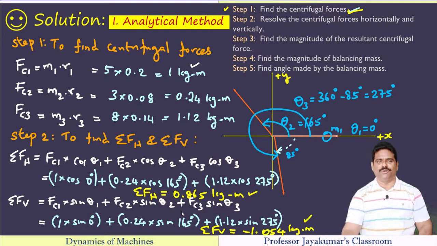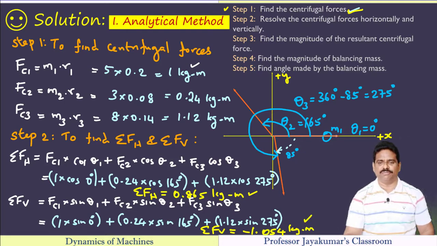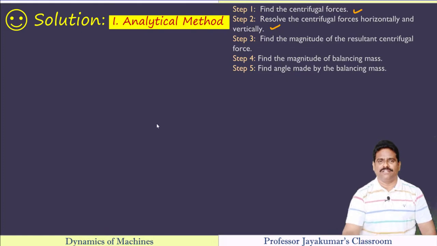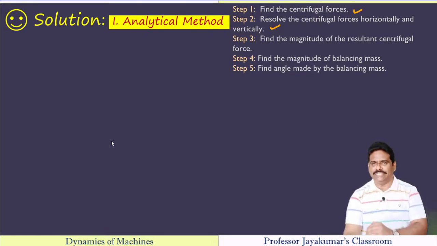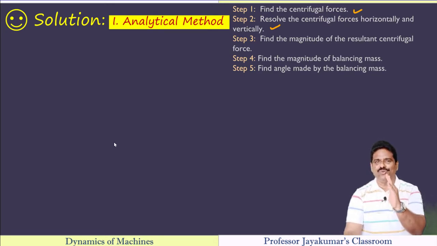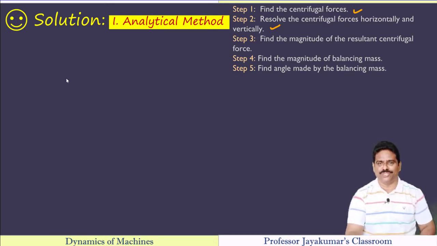So we got two components, sigma FH and sigma FV. Now I think we can determine the resultant force. Resultant force is nothing but the resultant out of balance or unbalanced force. That's step number 3.